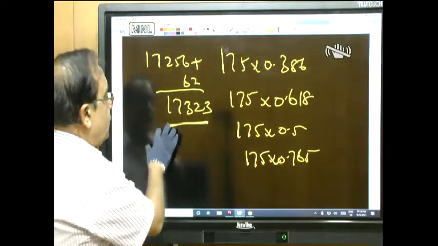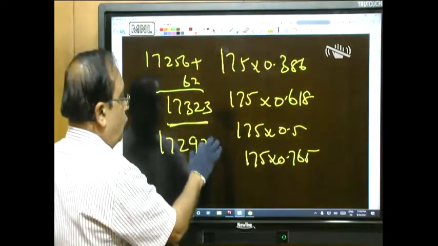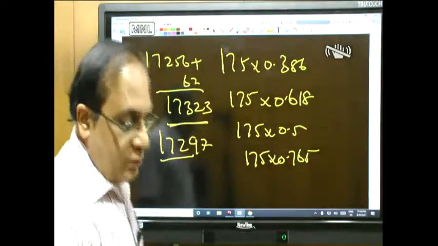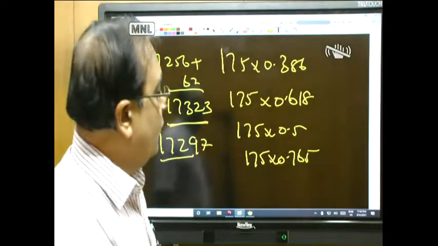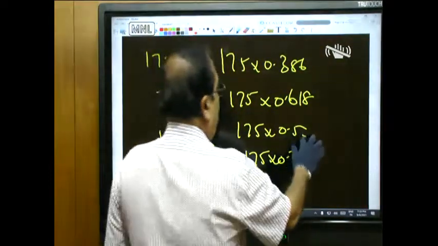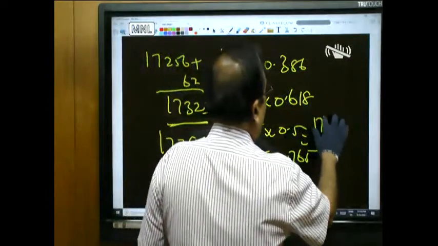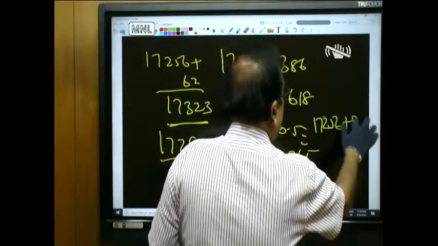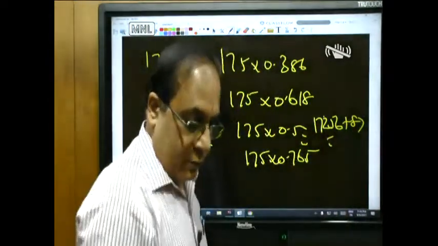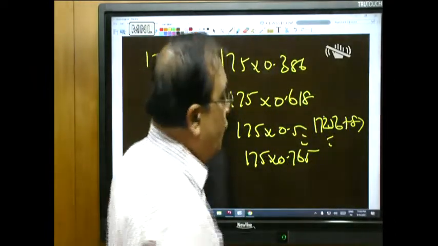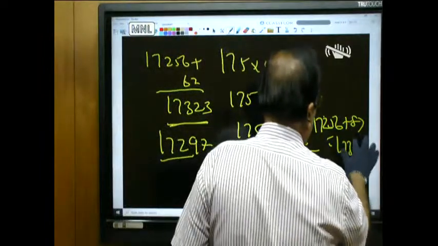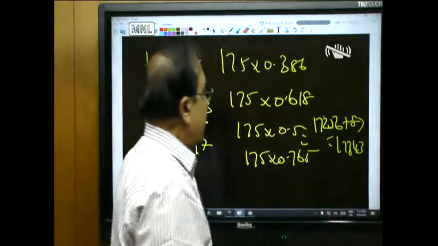I told you the first resistance was 17,297 or so, the second was 17,323. Then 175 into 0.5 is 87.5, so you add 87 to 17,256. This is 17,343. So this is another resistance.